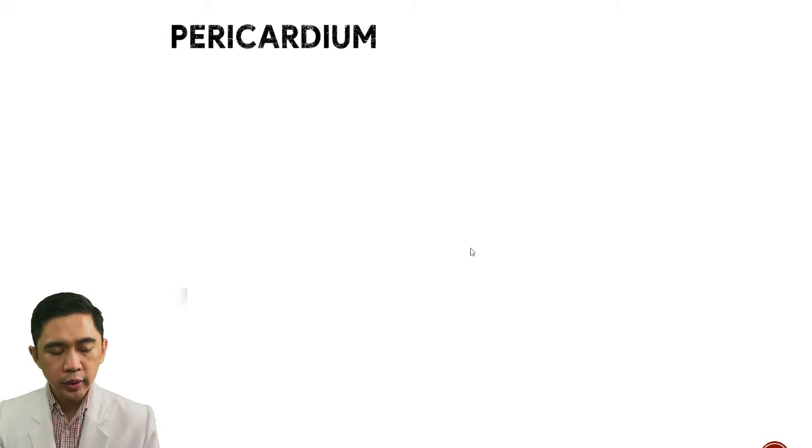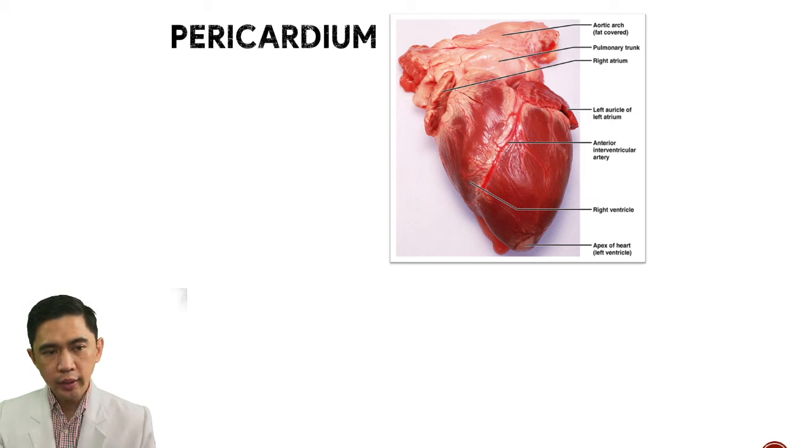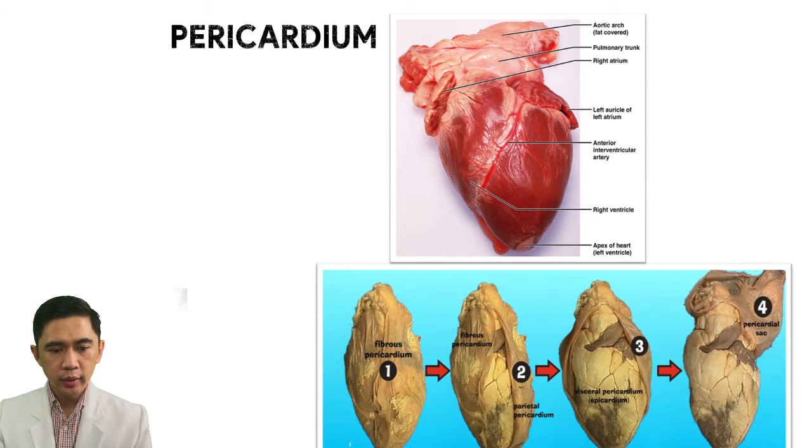So let's talk about the pericardium. This is again an image of the heart, but the heart actually has a covering on it, and it is covered by a layer of tissue. The outermost covering is what we call the fibrous pericardium.